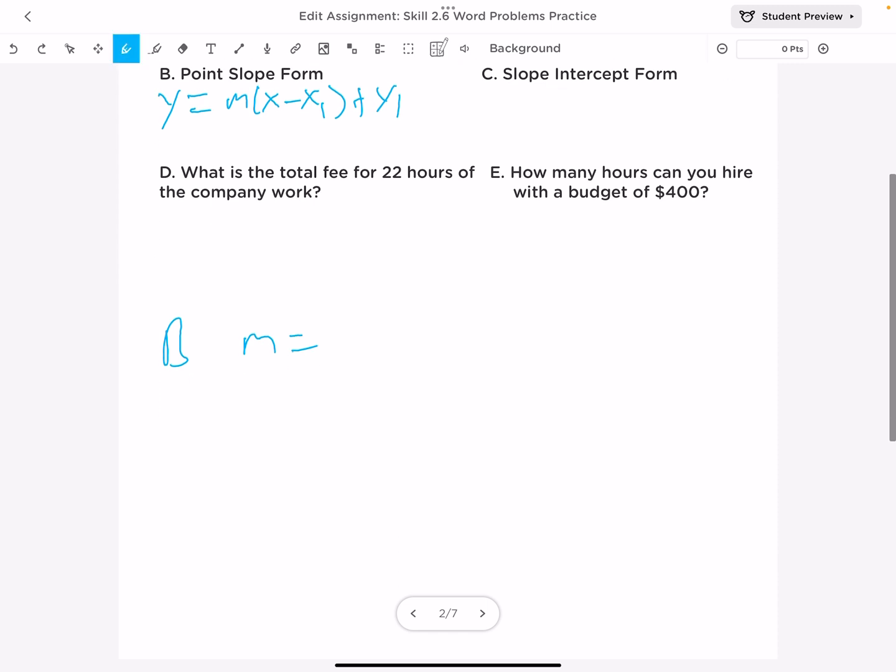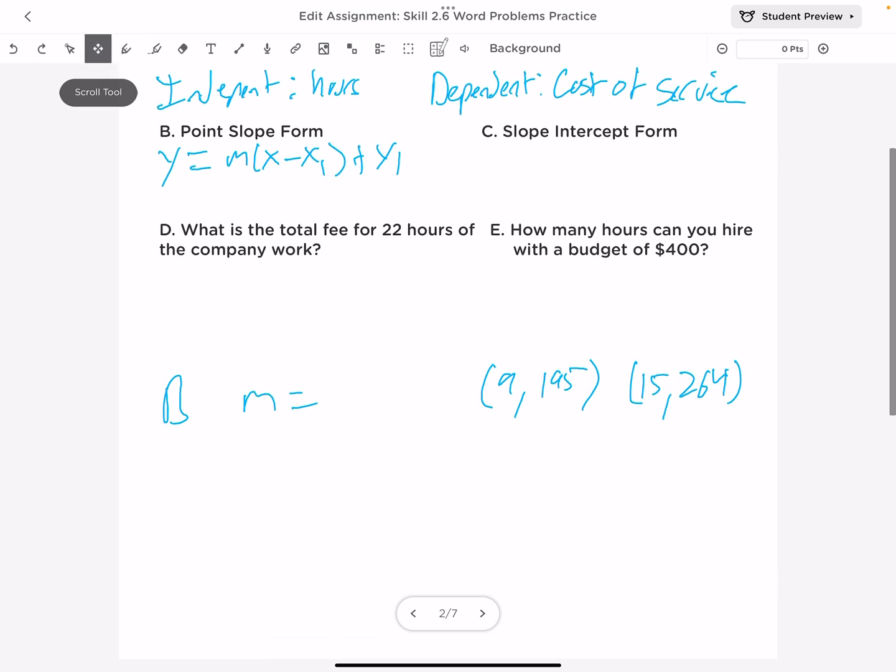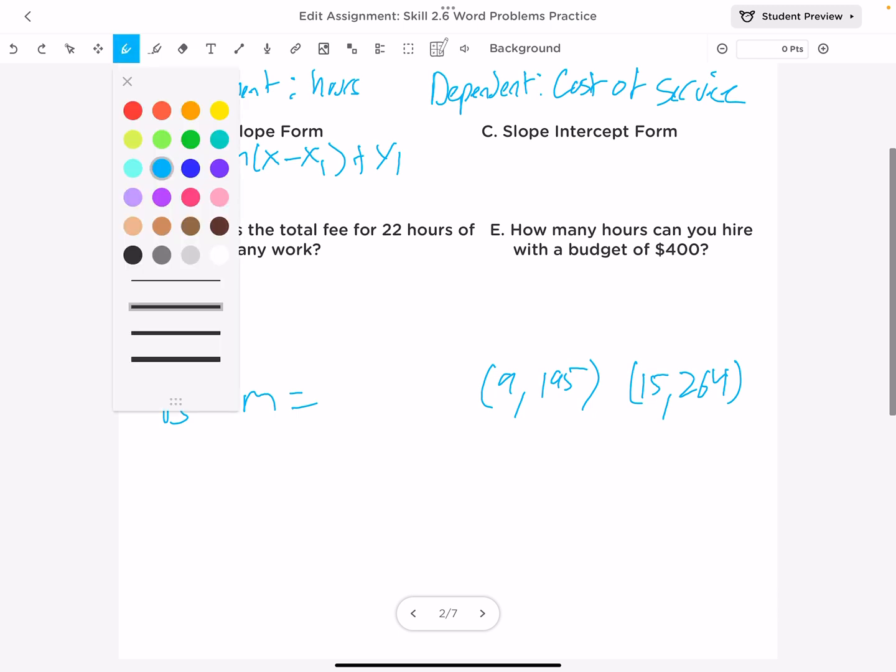So I could almost think of this as like a point 9 comma 195, and then I have a second point where I'm told 15 hours is $264. Right, that's almost like my second point. So this would be like my hours and the amount of money. And so then I can just calculate the slope like I would any other time.